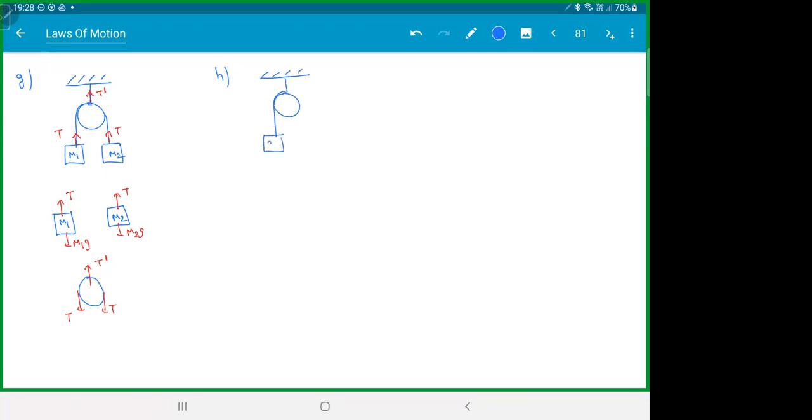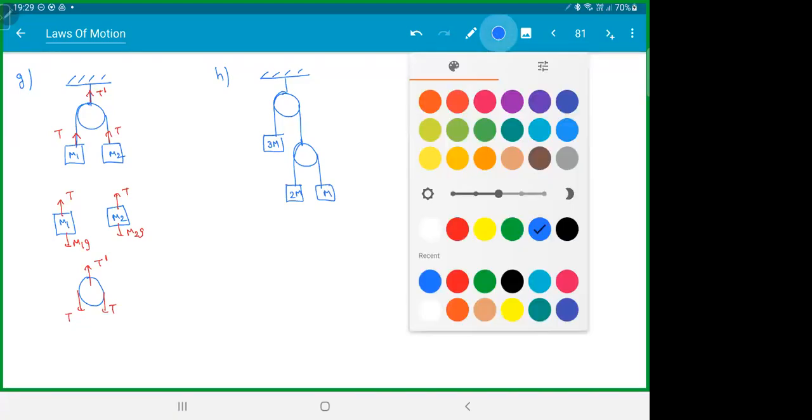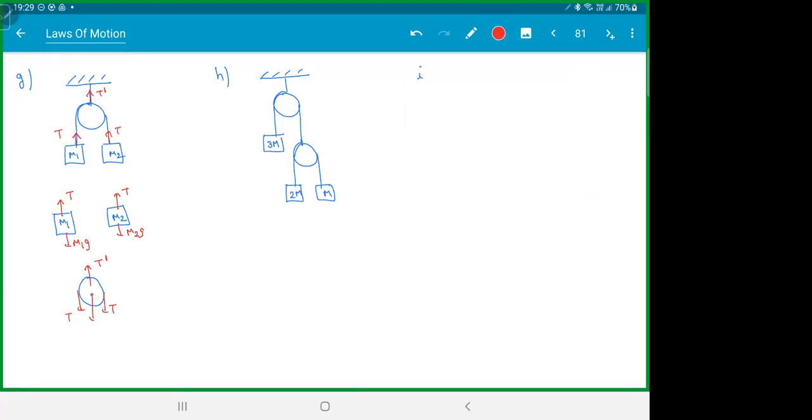Let's say this is 3M, this is 2M, and this is M. Someone asks whether the pulley will have mg. You can take it. I took a massless pulley, but okay, we can take the mass of the pulley into g.